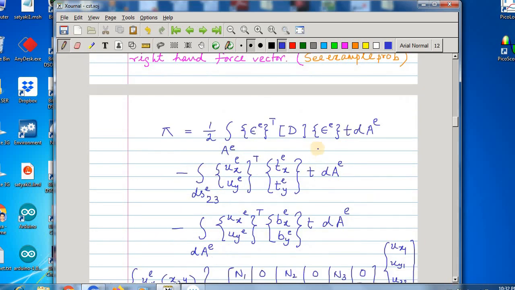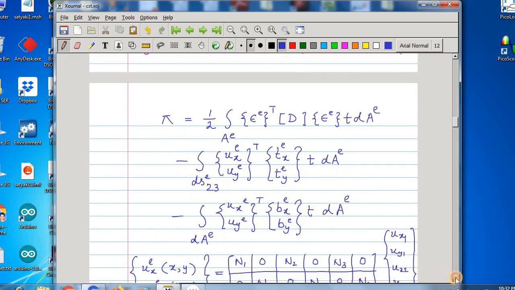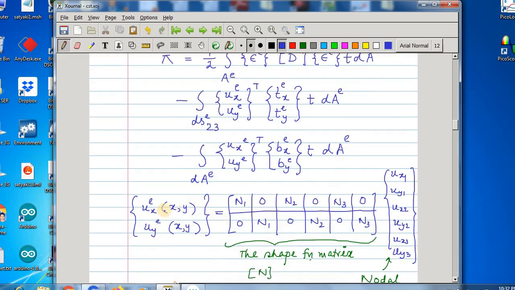So now if you proceed, uxe and uye, that is the displacement in the x direction within the element and displacement in the y direction within the element, are: uxe would be N1 ux1, N2 ux2, N3 ux3, and uye is N1 uy1, N2 uy2, and N3 uy3.